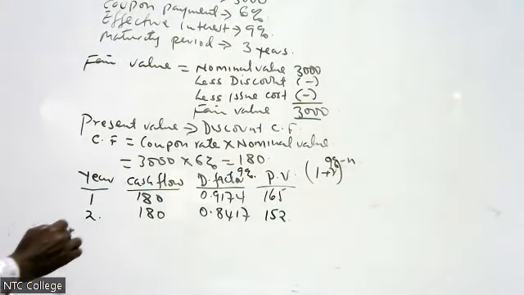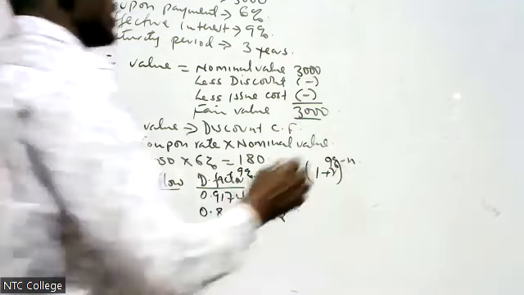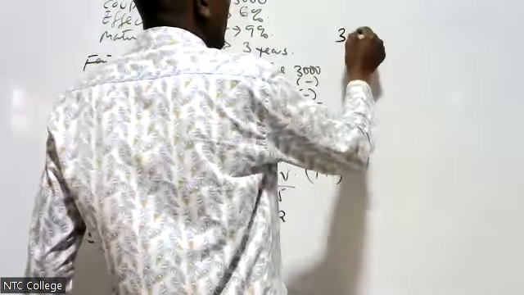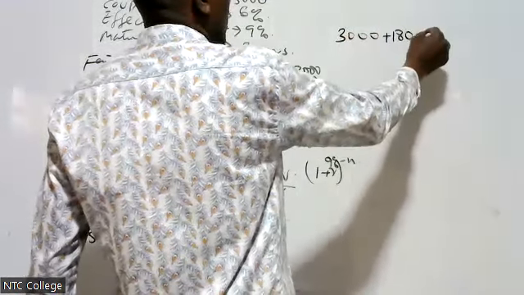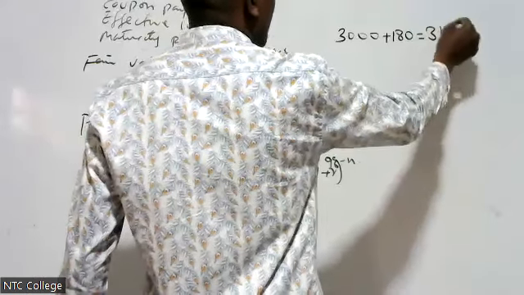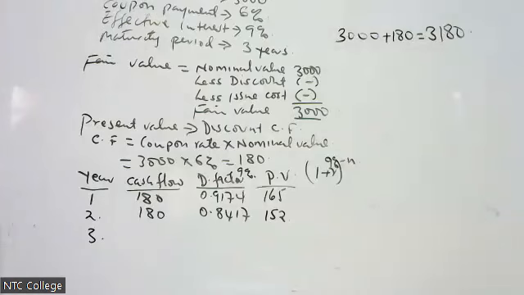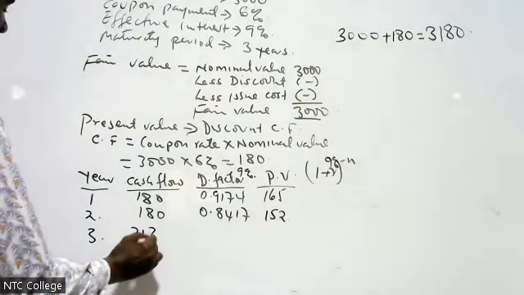Then in year 3, that is our redemption year. Therefore, in our redemption year, I have the nominal value of 3 million to pay plus 180, the cash outflow. Therefore, I need to pay 3,180. In year 3 here, I have 3,180.